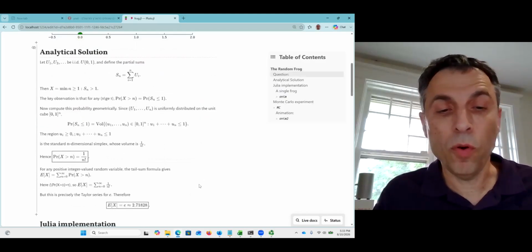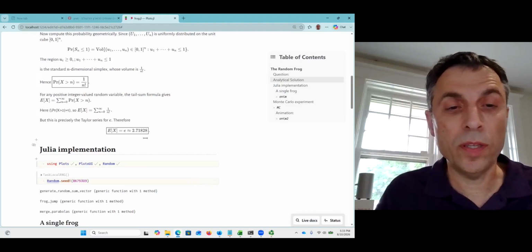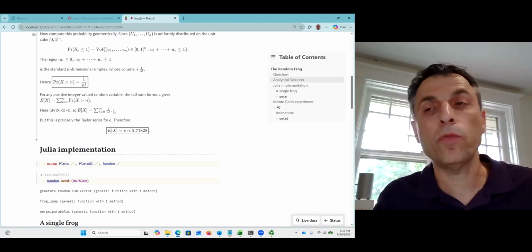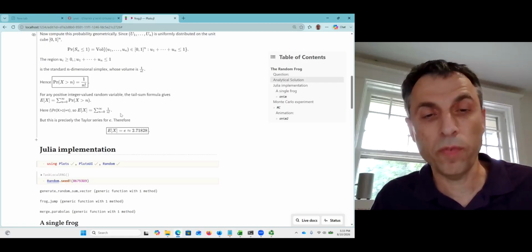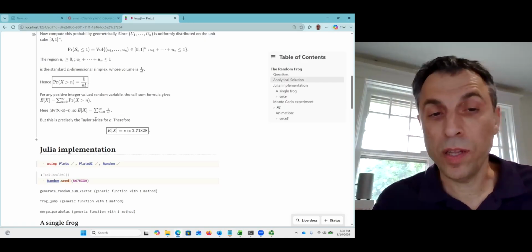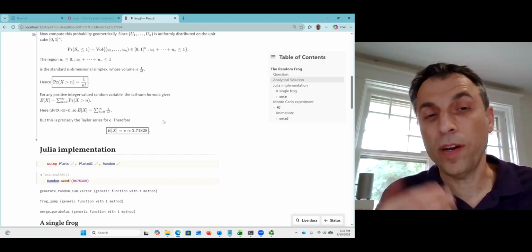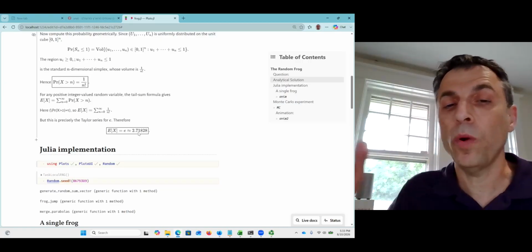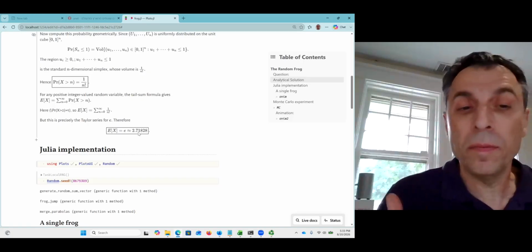So if you sum all the numbers 1 over 1, plus 1 over 1, plus 1 over 2 factorial, 1 over 3 factorial, and so on and so forth, that sum, which is the expected value of that X, will give you the 2.71 number, the E.